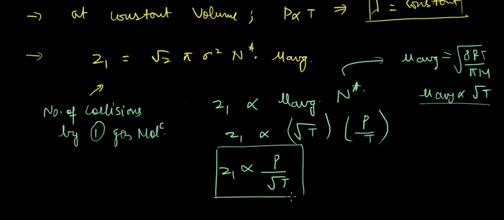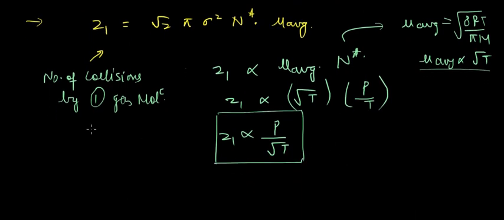Now what about Z11, which is the collision frequency? Z11 is nothing but the collision frequency, or the number of collisions when many gas molecules are moving and colliding with each other.